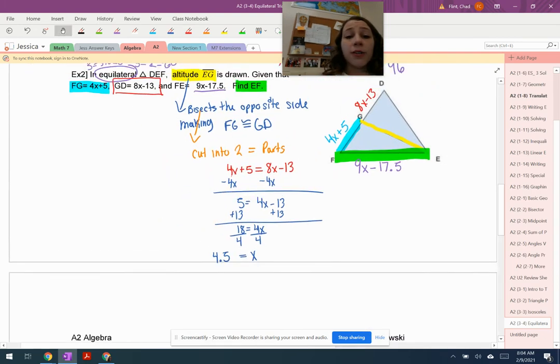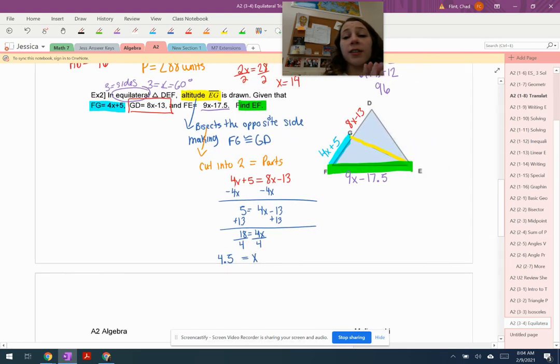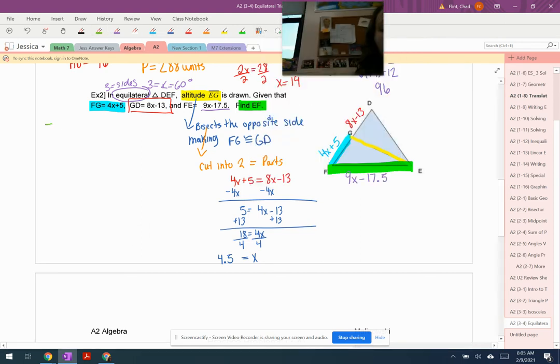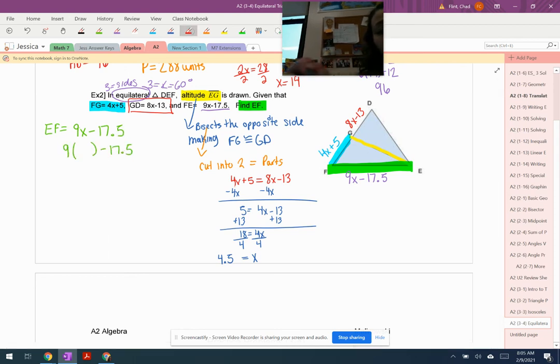I now need to use it to find what the question was asking me. The question was asking me to find EF, so that was the green piece. So EF is equal to that 9x minus 17.5. We now have our x value of 4.5.